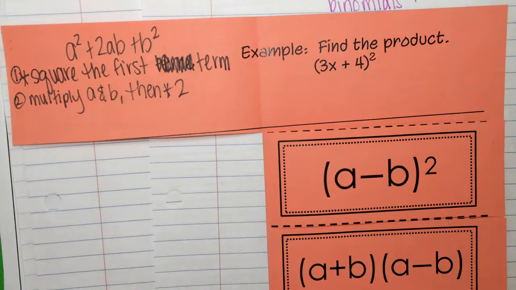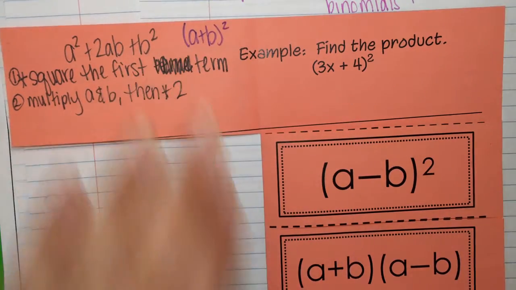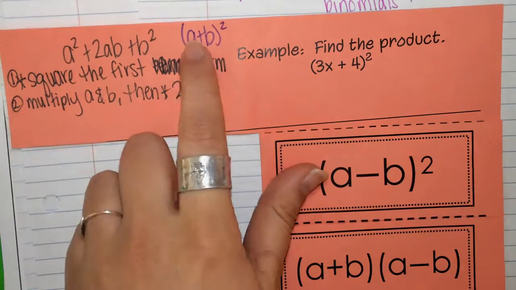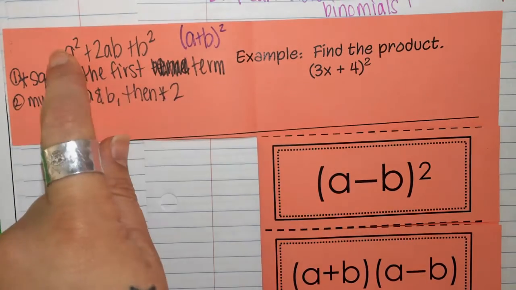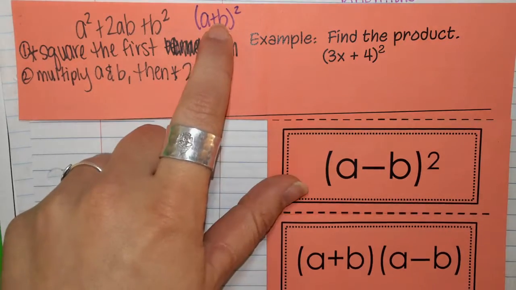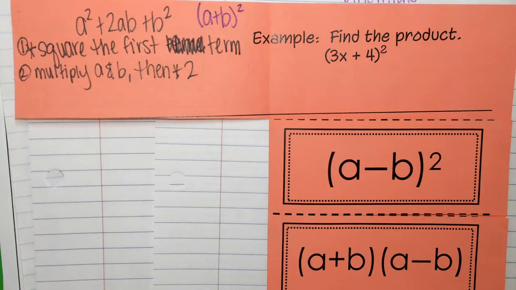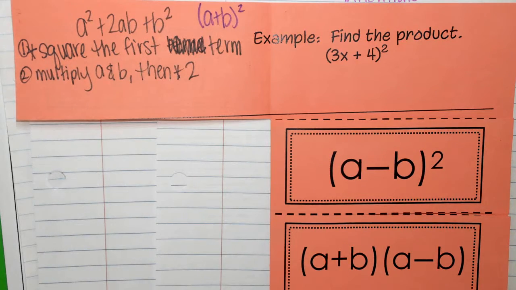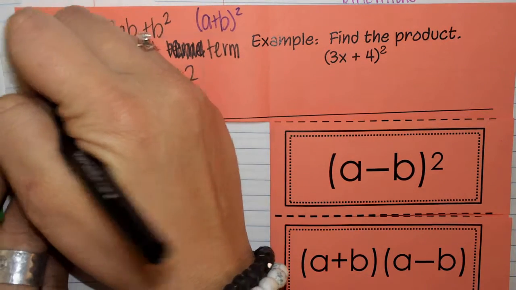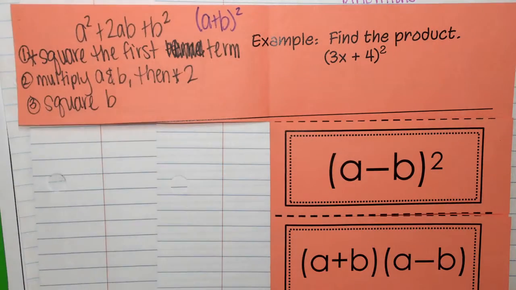So remember, we're doing this for A plus B quantity squared. You would start by squaring A. That's where the A squared comes from. Then you would multiply A and B together and multiply it by 2. That's where the 2AB comes from. Then you square B. That's where the last term comes from.